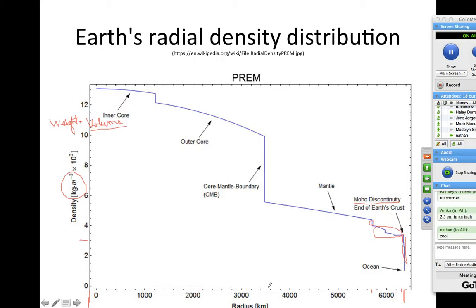And then right about here, at about 3,500 kilometers, we have a huge change in density, a huge discontinuity between the mantle and the core. And then there's another discontinuity of density between the outer core and the inner core.